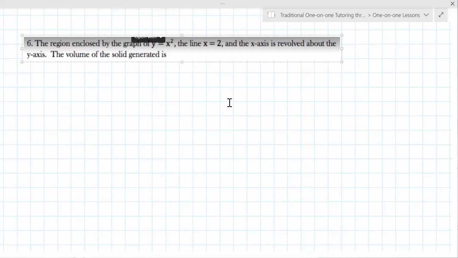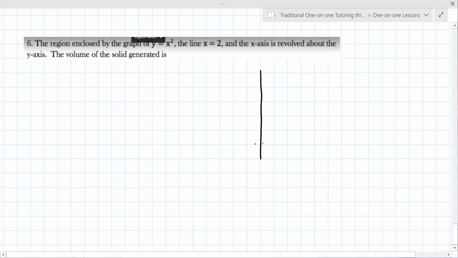This is completely different, totally different. So the picture is, here is x equals 2. And then we know at 2, 4 on this graph. So we know it's something like that. So it's this region right here, but it's revolved around the y-axis.